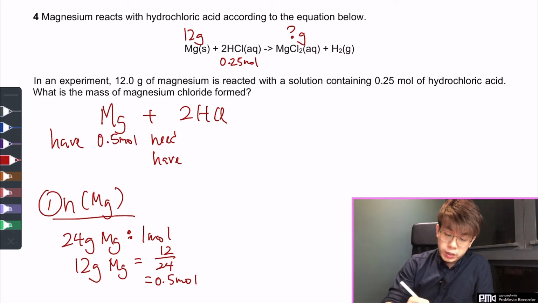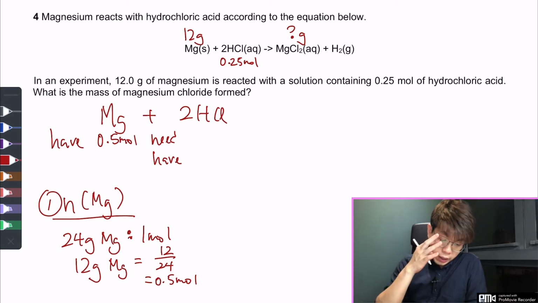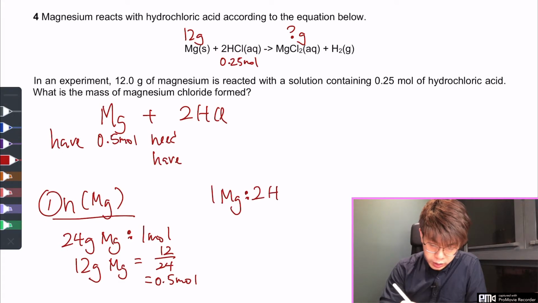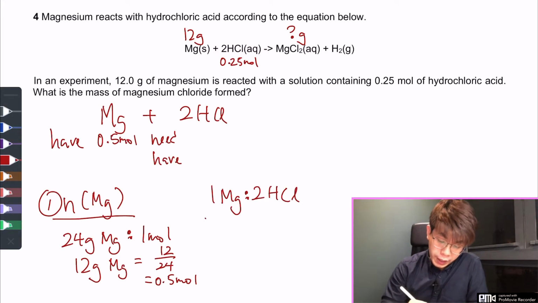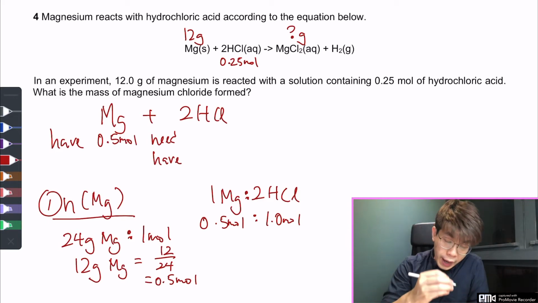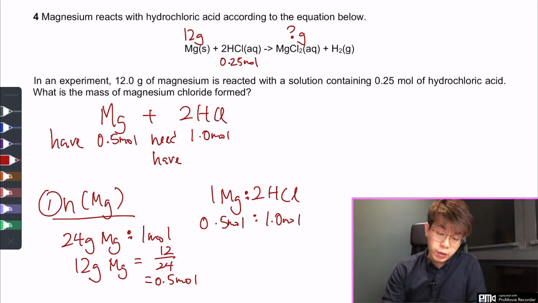Please make sure your working is neat. You can see that I'm starting from the left side to the right side. So I have 0.5 moles of Mg, and based on my mole ratio of 1 Mg to 2 HCl, when I have 0.5 moles of Mg, I will need to react with 1 mole of HCl.